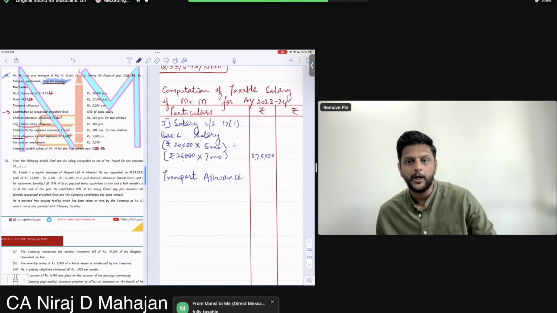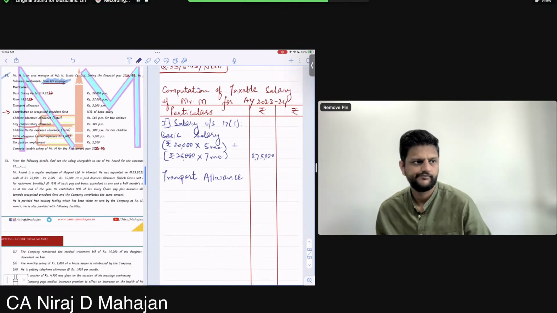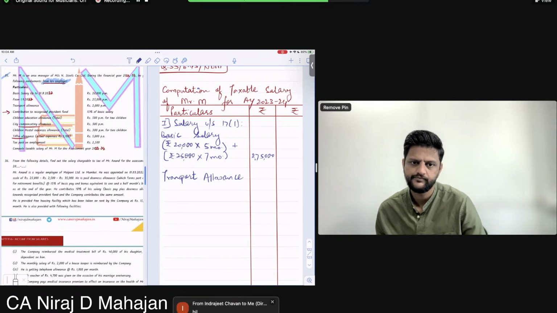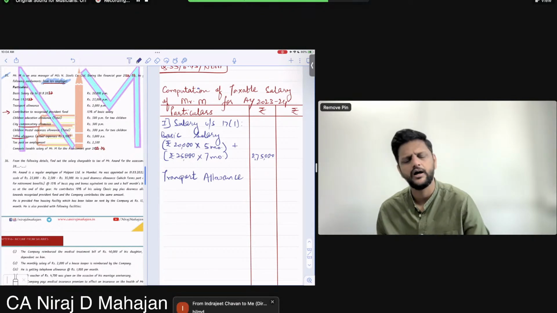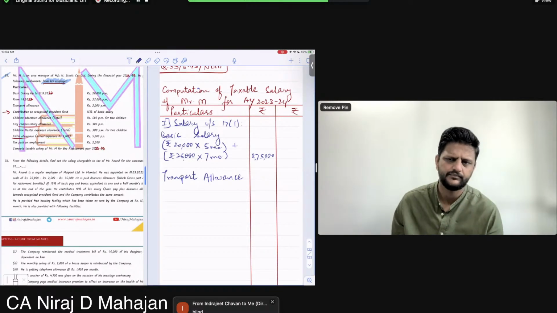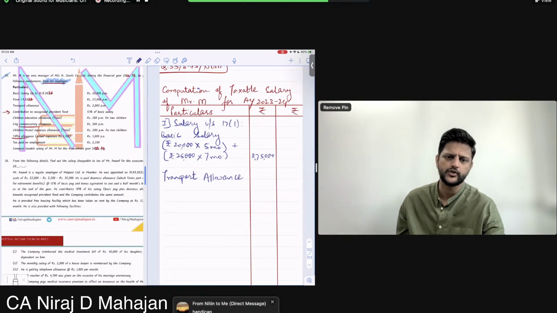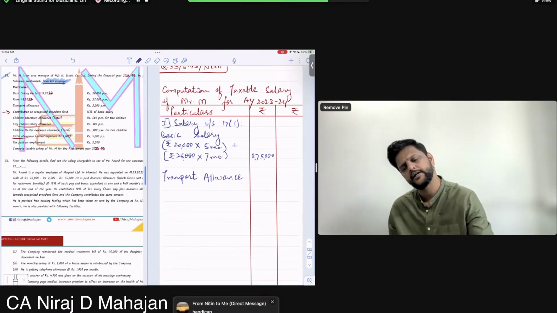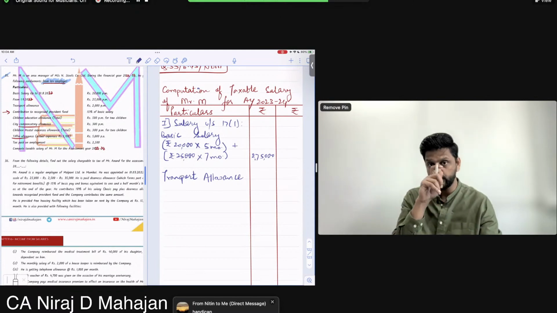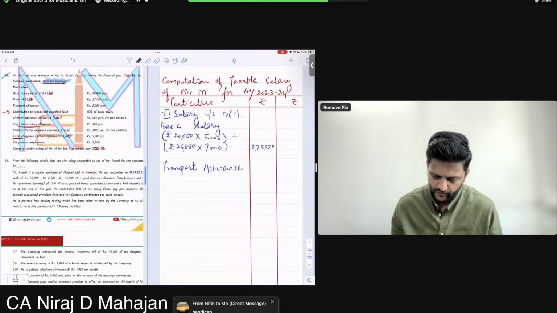It will be exempt up to 3,200 per month only if the employee was deaf, blind, or handicapped. Otherwise it is not given to us, so don't assume. So right now it is fully taxable. Clear till here? Good. So 24,000.